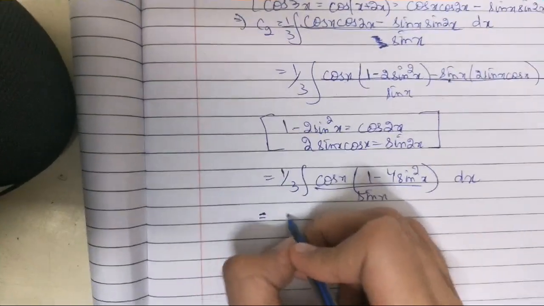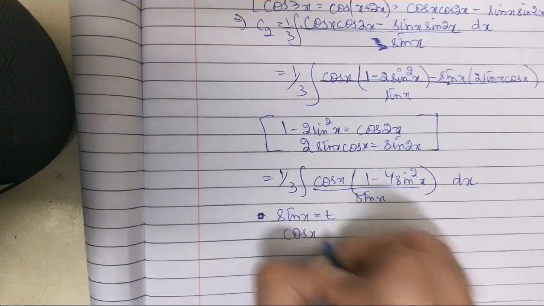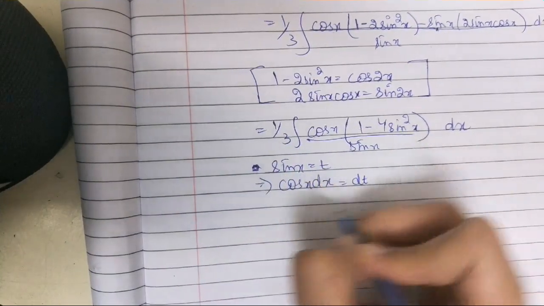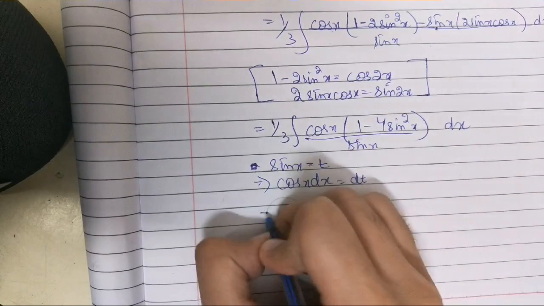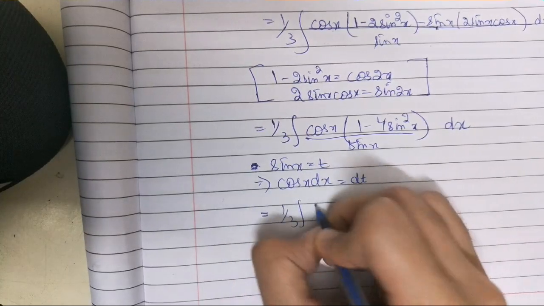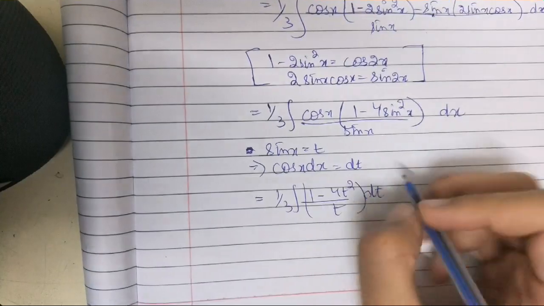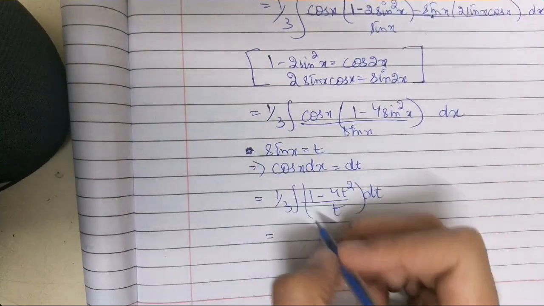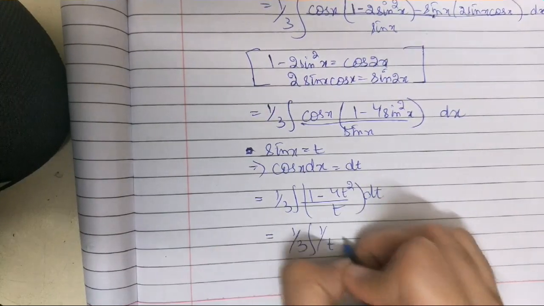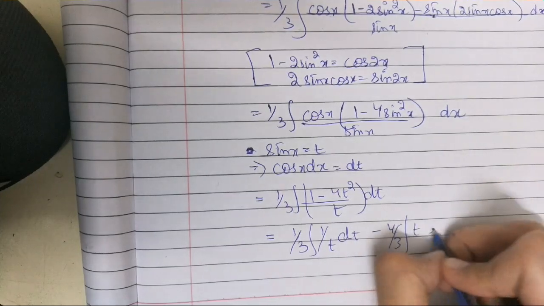This is equal to, now I'm going to take sin x as t, and this implies that cos x dx is equal to dt. So I'm going to substitute now. This gives us the integral as 1 by 3 integration (1 minus 4 t square) divided by t with respect to dt. So on dividing the integral, this gives us 1 by t dt minus 4 by 3 t dt.